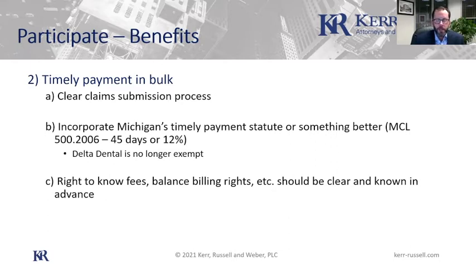That ought to be spelled out in the contract so that you know up front. A little later, we're going to talk about a couple of examples where this becomes very important. You shouldn't have to wait until these situations arise to find out the answer. The contract ought to be very clear about when you're able to balance bill and when you're not.